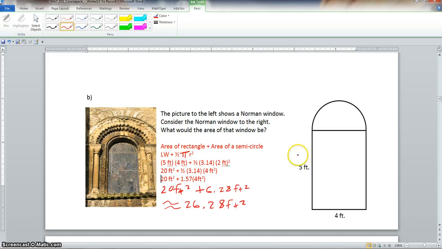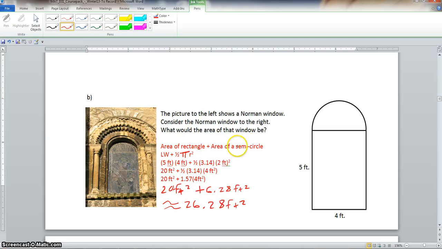So we will have the area of a rectangle and the area of a semicircle or a half circle. We have length times width for the rectangle plus half of the area of a circle, which is half of pi radius squared. So the length is 5 and the width is 4. So we have 5 times 4, which would give us 20 square feet.